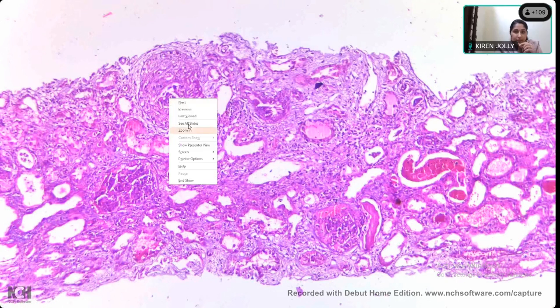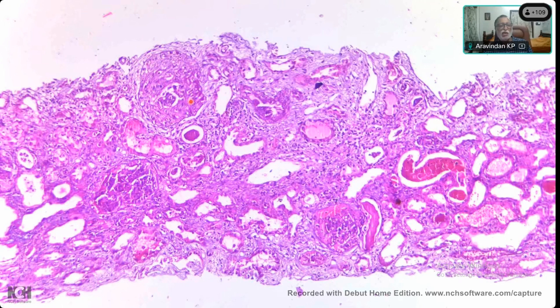So, with crescent formation. So what is a crescent? It's a two or more layer of proliferation of the parietal epithelium. Glomerulus, but this is much space beyond that. So the entire thing is a crescent, and only in the center here you find the compressed tuft. All the rest.